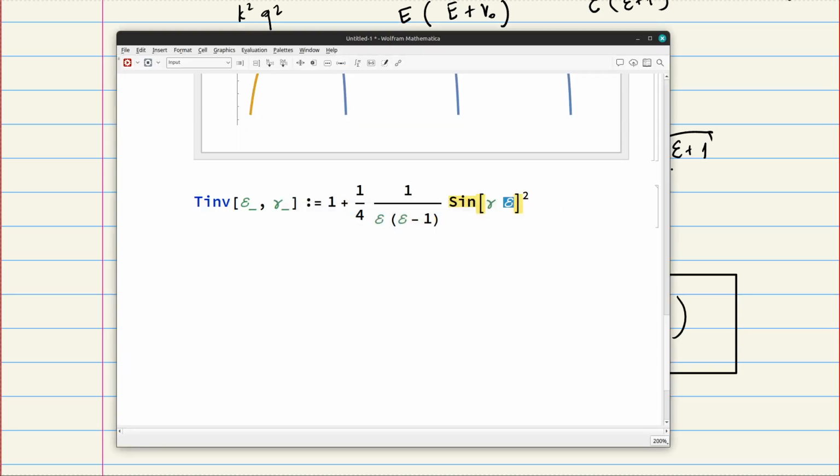E plus 1, sorry. It's supposed to be epsilon plus 1. Oh yes, this one is plus 1, right? Yes. So this is epsilon plus 1.